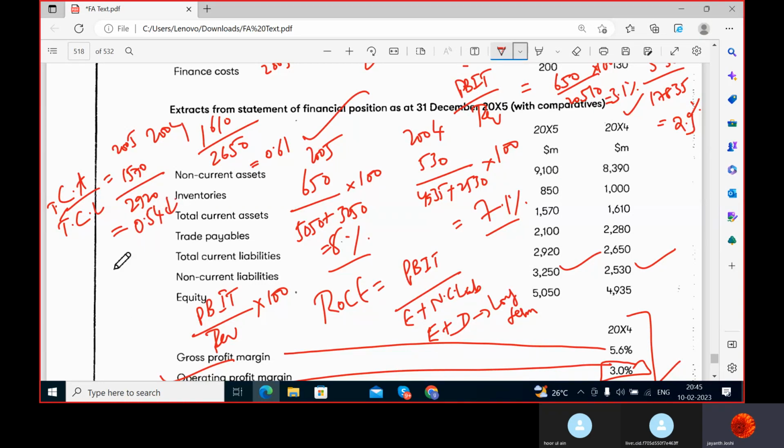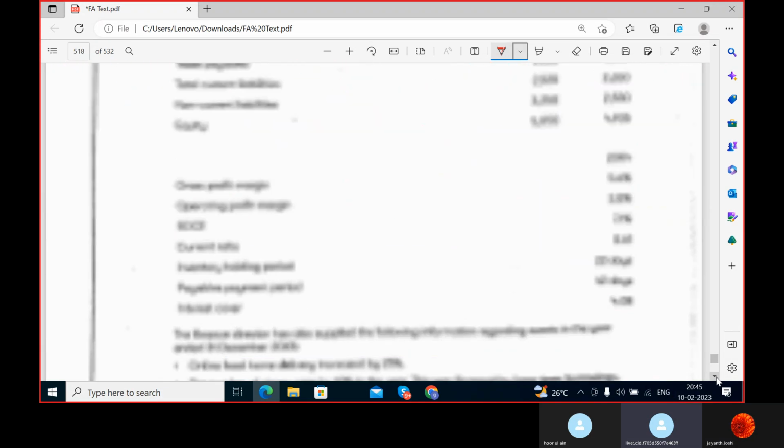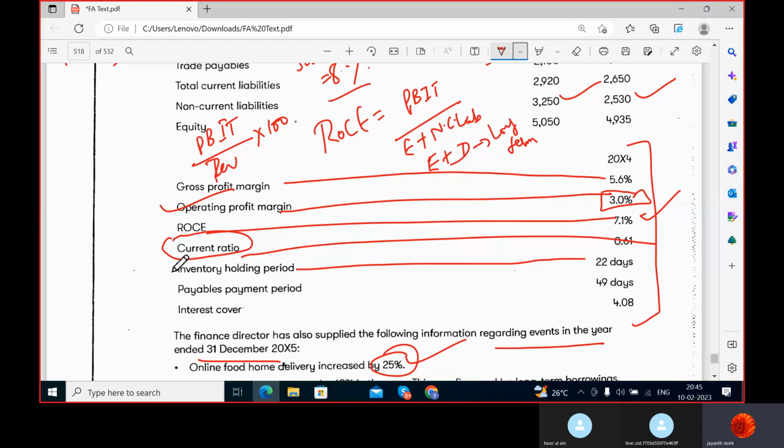The liquidity position of the company has deteriorated. They have to seriously think about this. Why has it deteriorated? Maybe their liability has increased, that is, their obligations have increased. That has made the ratio decrease. Yes. So they have to improve on that.